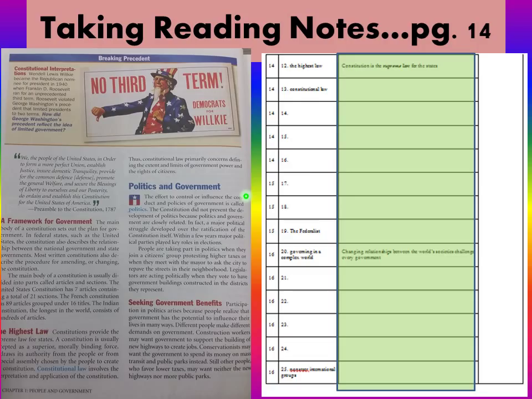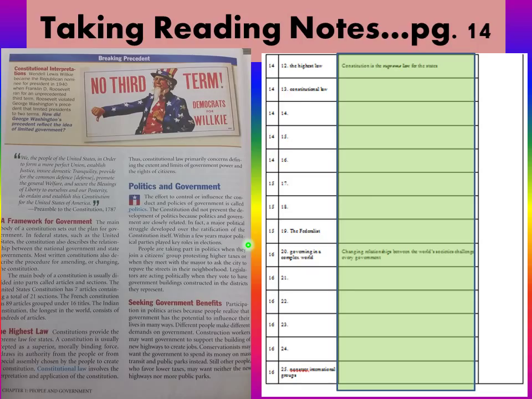Politics and government. The effort to control or influence the conduct and policies of government is called politics. The Constitution did not prevent the development of politics because politics and government are closely related. In fact, a major political struggle developed over the ratification of the Constitution itself. Within a few years, major political parties played key roles in elections.